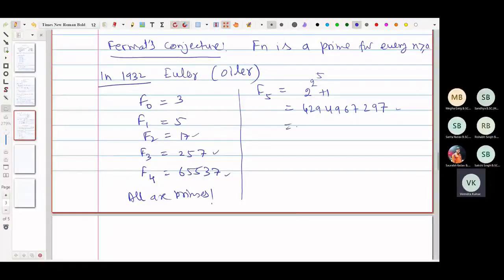And this can be written as a product of 641 times 6700417, like this. So this F5 turns out to be composite. So F5 is a composite number.